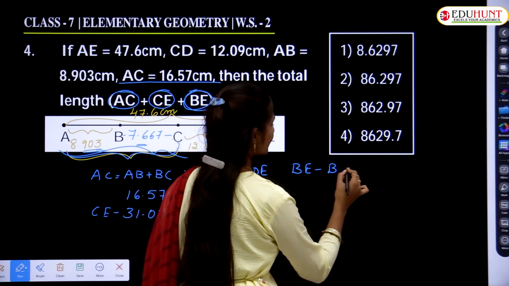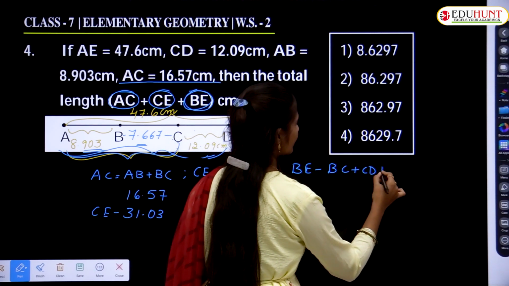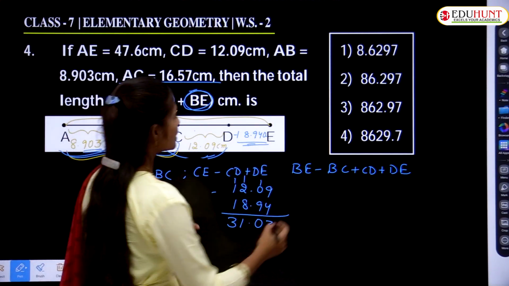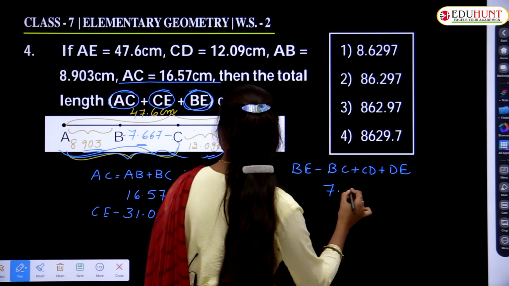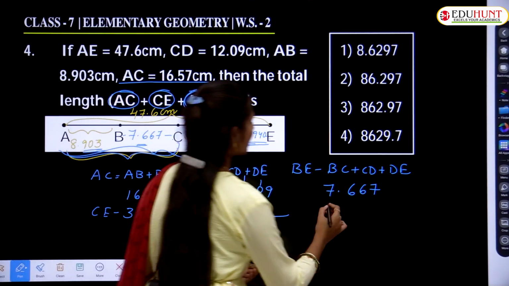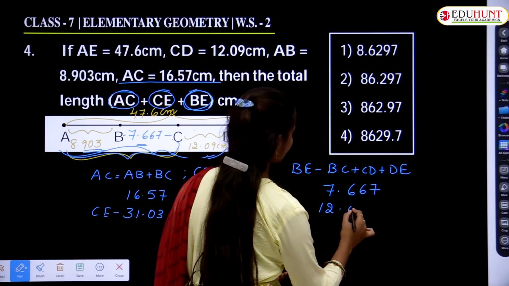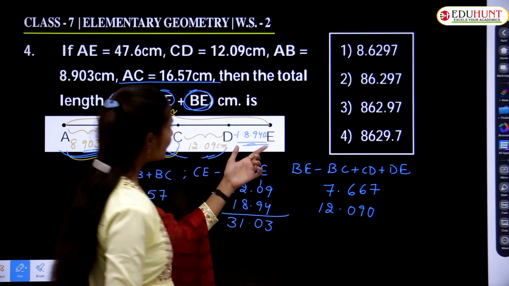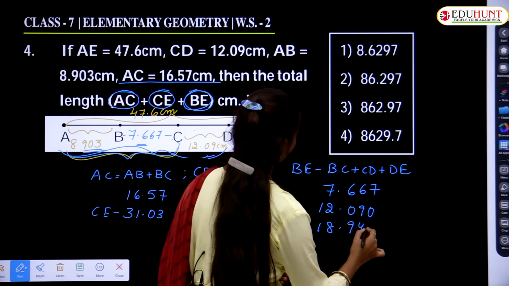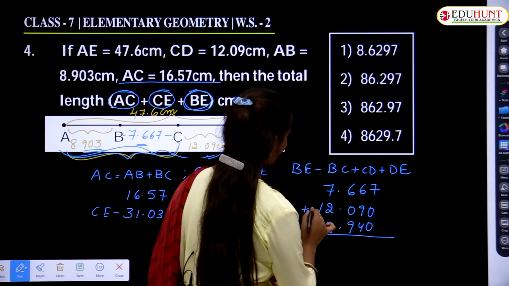So BE measurement is equal to BC plus CD plus DE. Okay, so here BC is equal to 7.667 and CD is equal to 12.09 and here DE is equal to 18.940. So add that all.